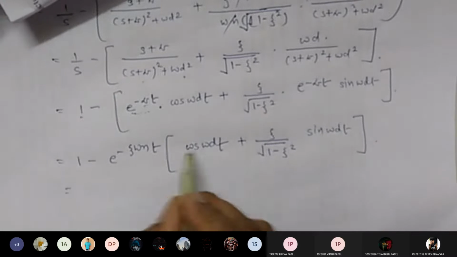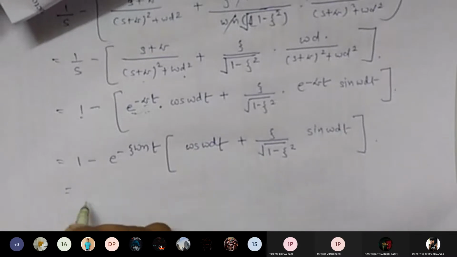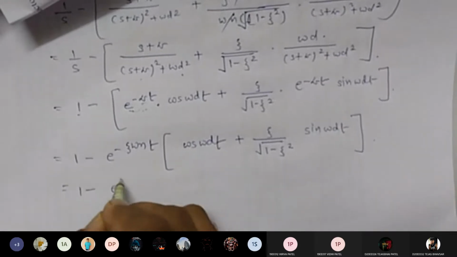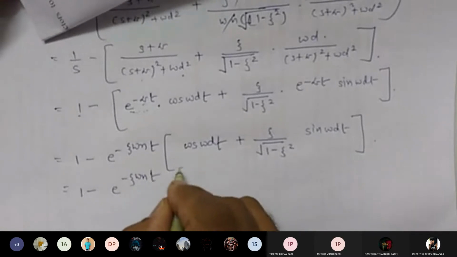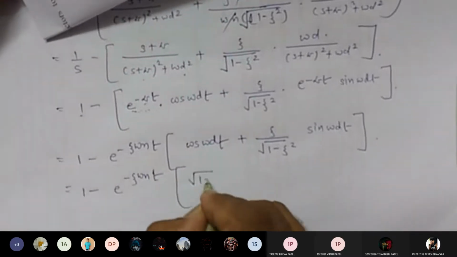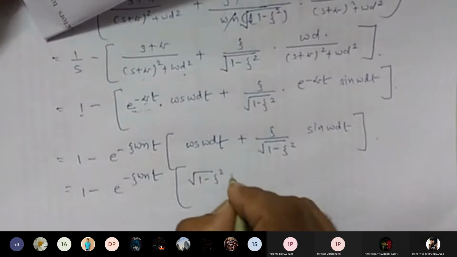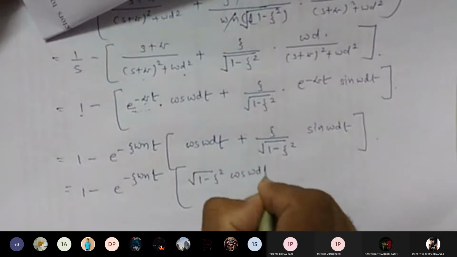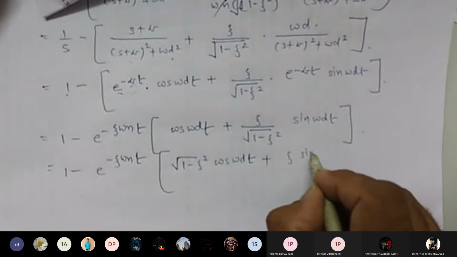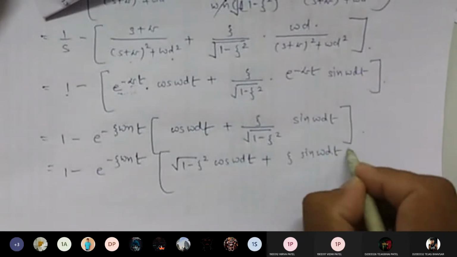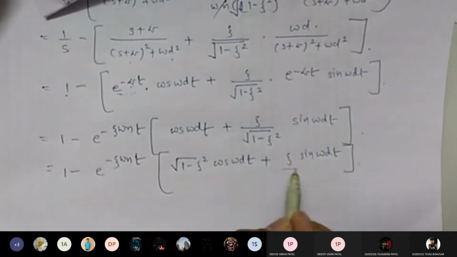Okay, I'm multiplying it over here, so it will be 1 minus e raised to minus zeta omega n into t, under root 1 minus zeta square, cos omega d t plus zeta into sine omega d t, divided by under root 1 minus zeta square.